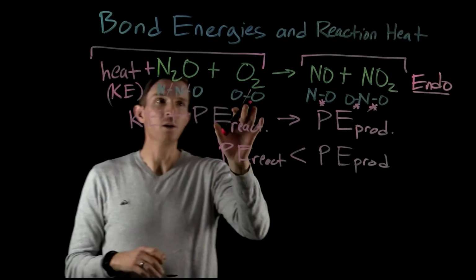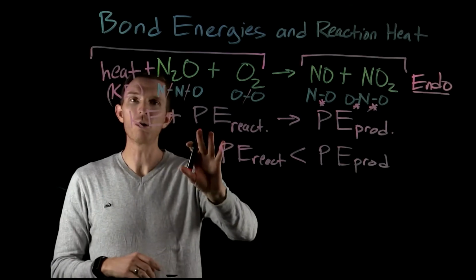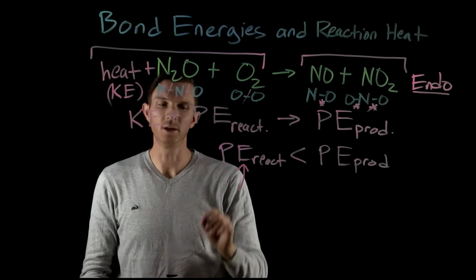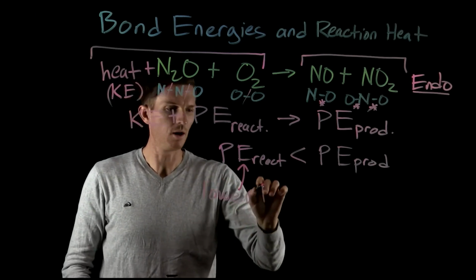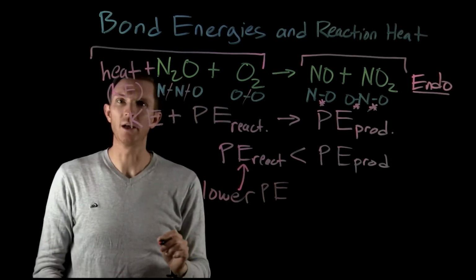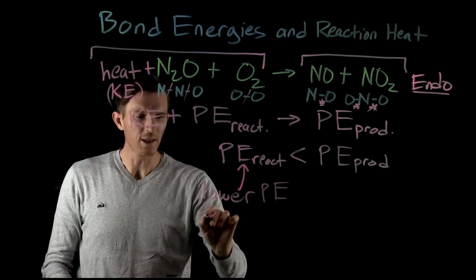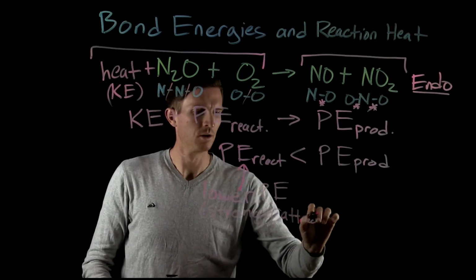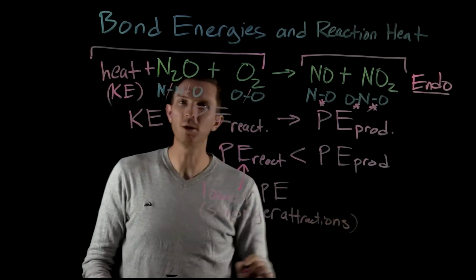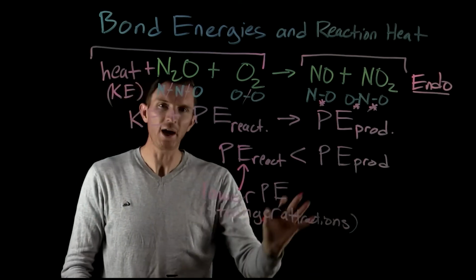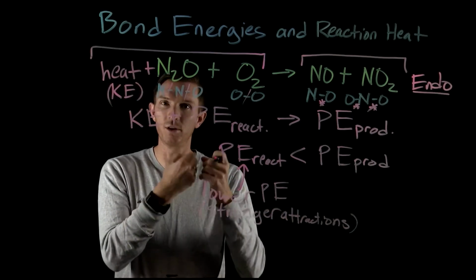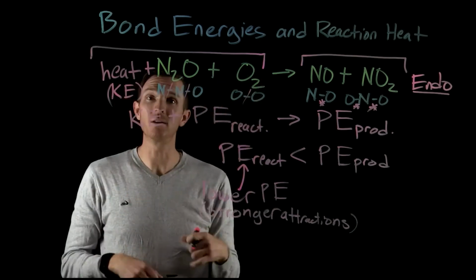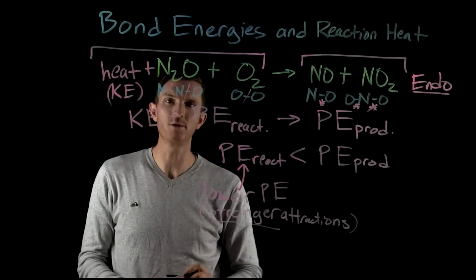Something that has a lower potential energy, like our reactants here, tells us that we have stronger attractions. And we talked about this in class already, that the stronger two things are attracted to each other, the more the potential energy decreases. So the potential energy of our reactants, since it is less, tells us they have stronger attractions.